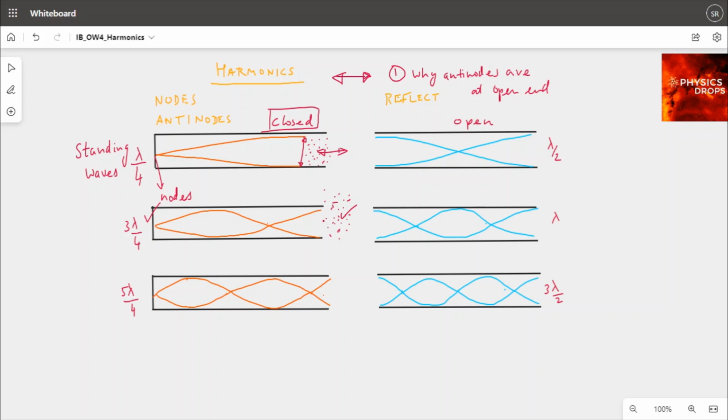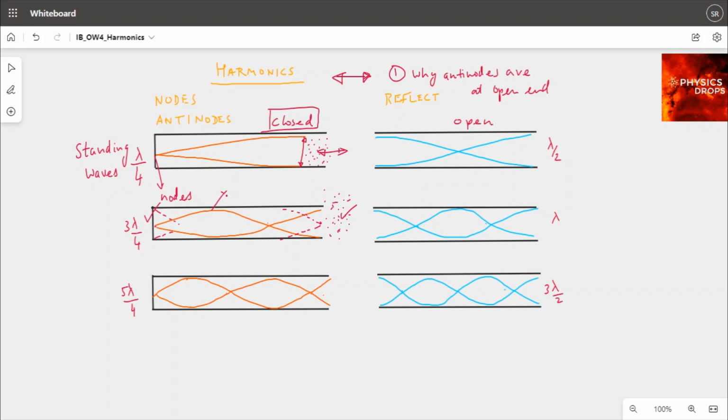Hence, if we plot a pressure wave or the pressure plot, then the pressure would be minimum here. The pressure plot would be the opposite of what is there. It would be minimum here, and it would be maximum here. It would be the opposite of this plot which is already there.